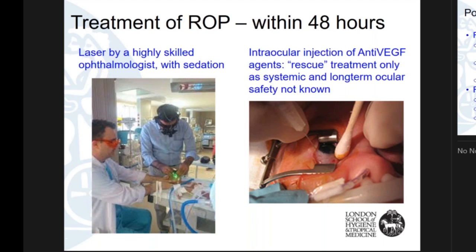Emerging treatments are with intraocular injection of anti-VEGF agents, but there is not yet evidence of the long-term systemic and ocular safety, so it's recommended that these are just used as rescue treatment when laser treatment is not possible.